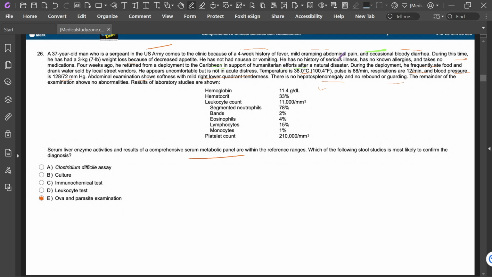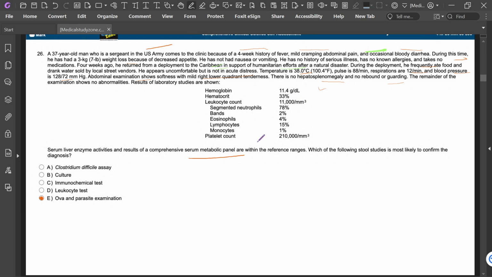The rectal exam is fine. Labs: hemoglobin is a bit low, hematocrit is a bit low. Leukocyte count is normal.